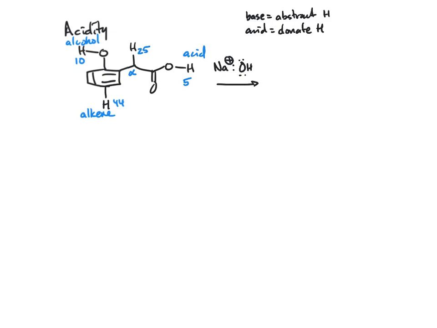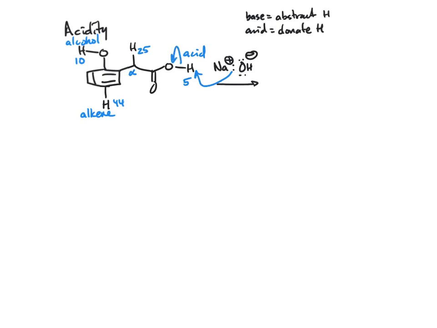The base abstracts the proton, the acid donates it, so it's a relationship. So the arrow starts at the place where there's the most electron density, and that's the hydroxide. And so it's coming over. So this arrow means that that oxygen is forming a bond to that hydrogen. Hydrogen can only have one valence at a time, so we're breaking this bond.